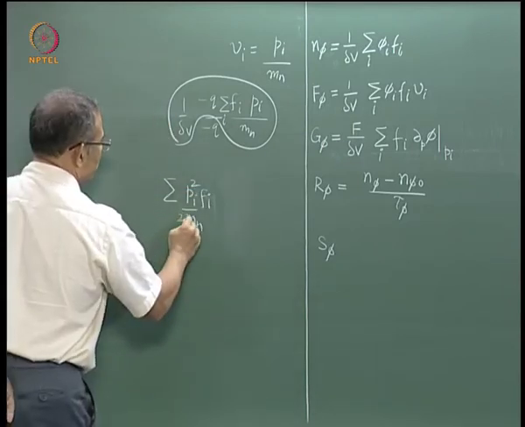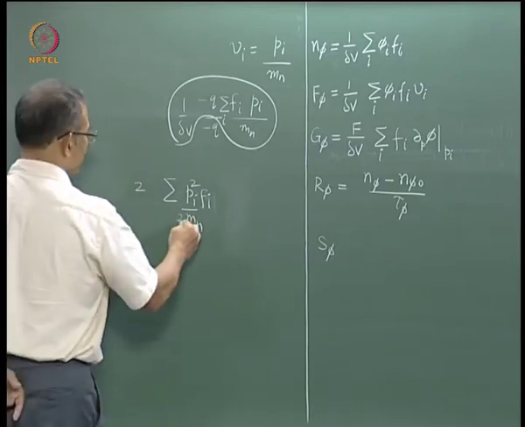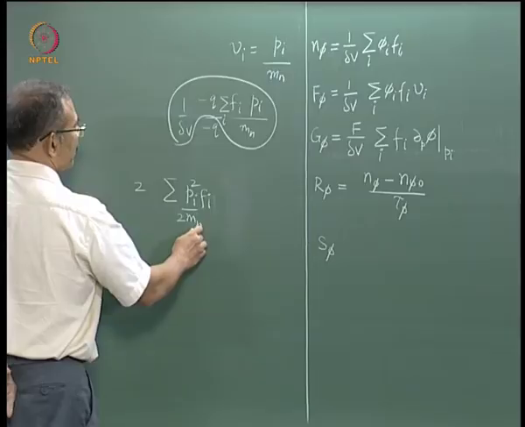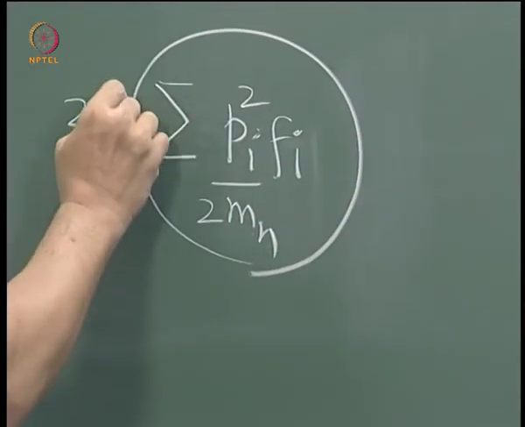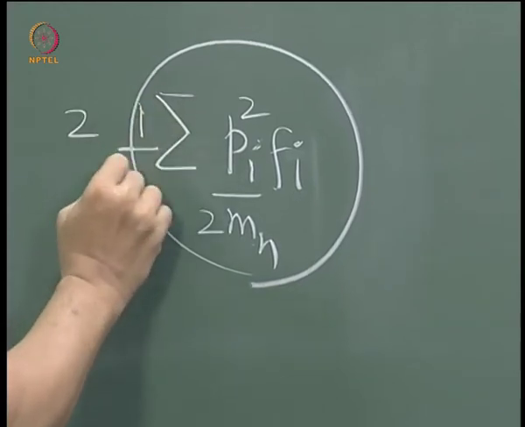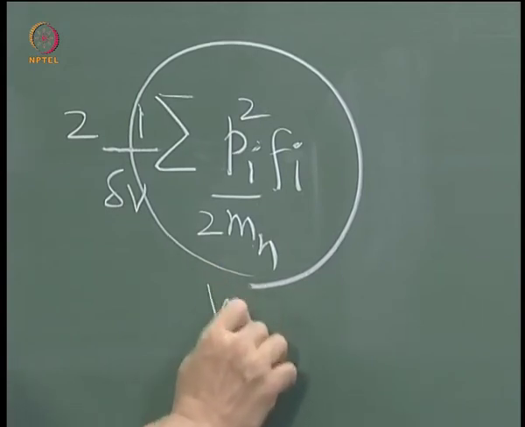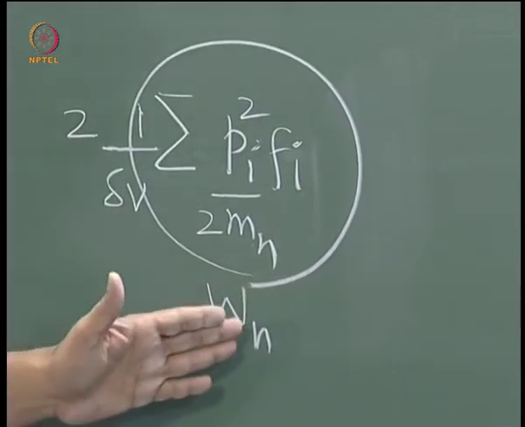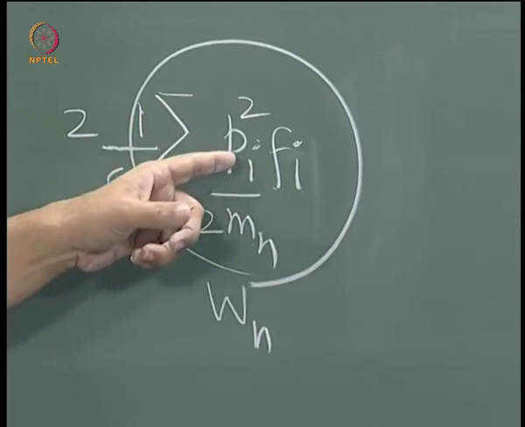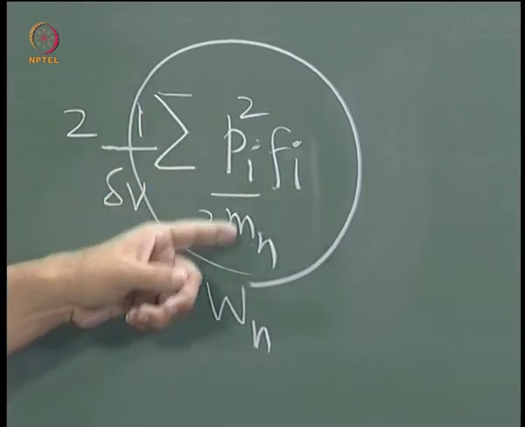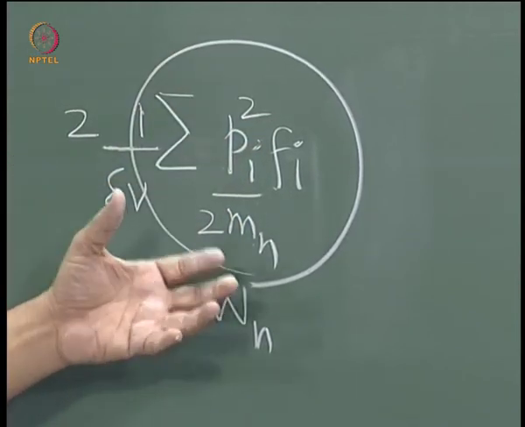Now if I divide by 2 and multiply by 2, and divide by delta V also, this quantity is nothing but W n, the average kinetic energy density, because p i square by 2 m n is the kinetic energy of the electron having momentum p i. So this is the average kinetic energy for the ensemble.